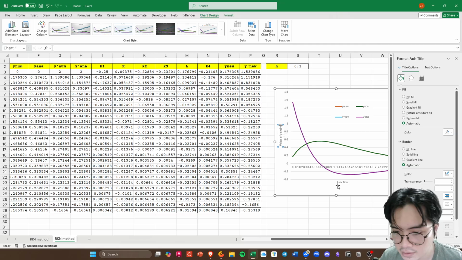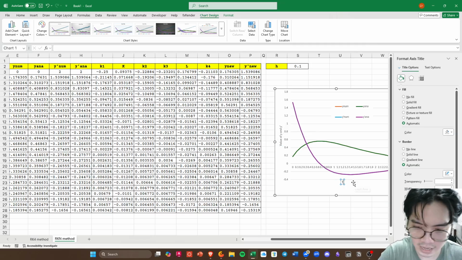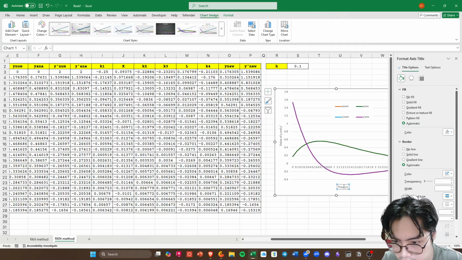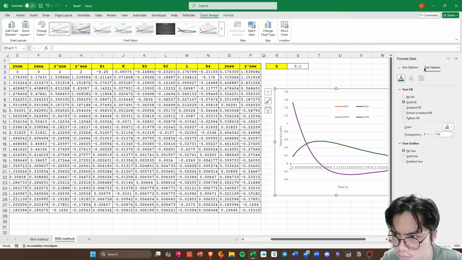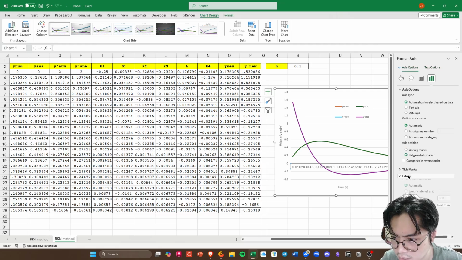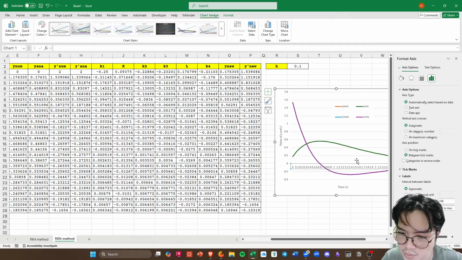And this is our time, in seconds. Then maybe we'll tidy up the labels and tick marks. Okay, this is fine.